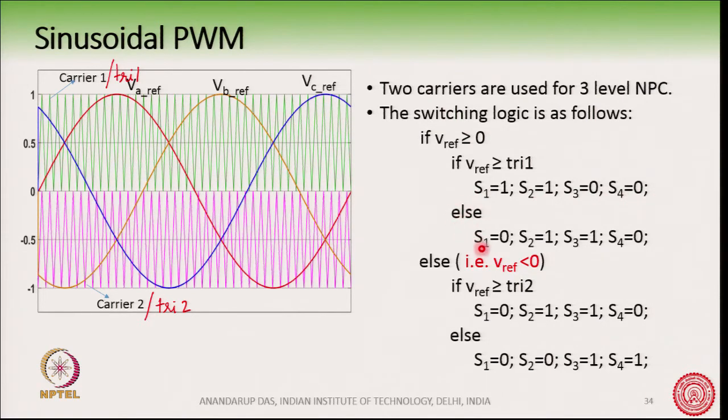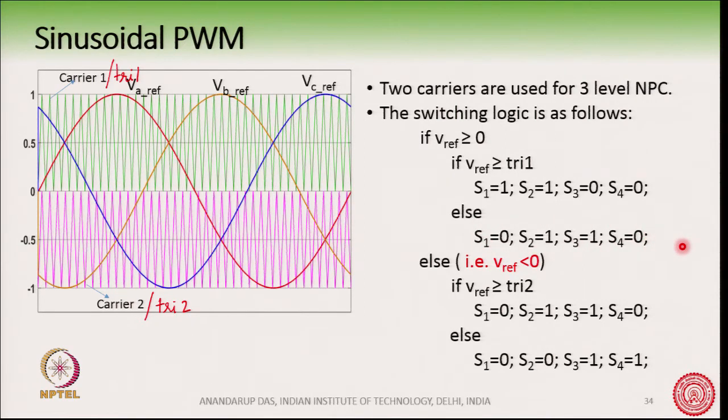Otherwise, S1 is 0, S2 is 1, S3 is 1, S4 is 0. So, if I am here, that is when the red Vref is less than the green triangle, then this condition will happen.